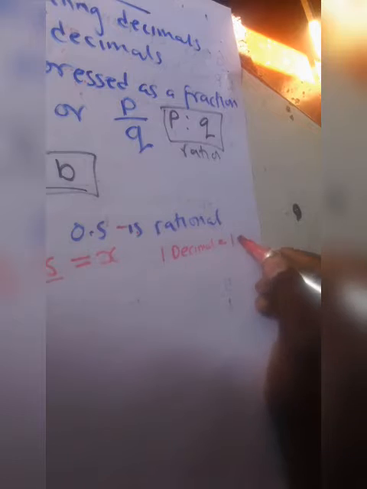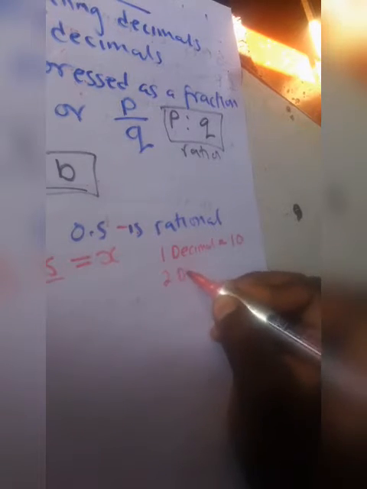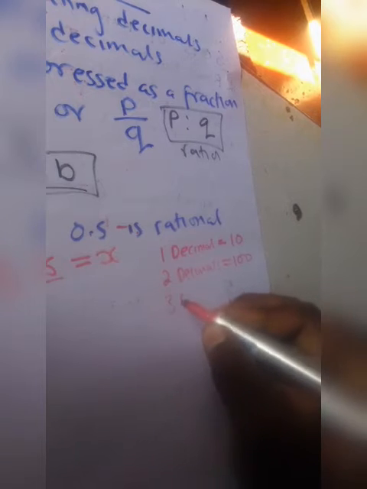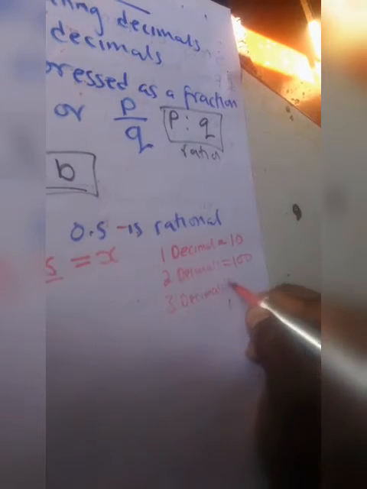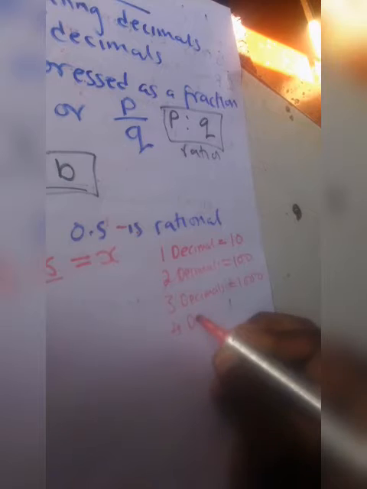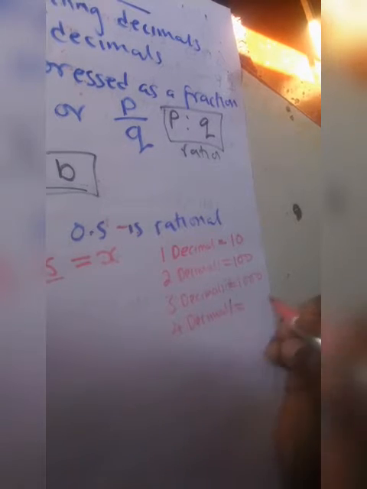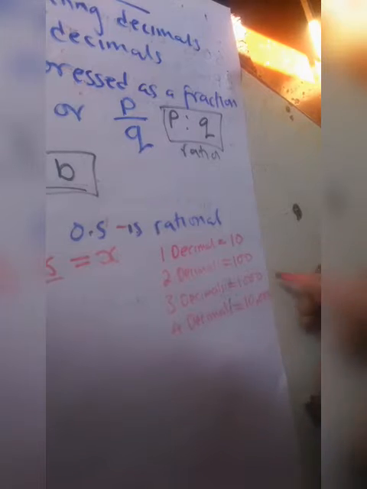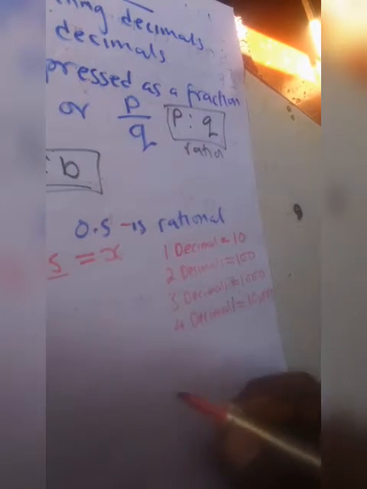If you have one decimal, multiply by a factor of 10; 2 decimals, a factor of 100; 3 decimals, a factor of 1000; 4 decimals, a factor of 10,000. So just going like that, you should just be adding zeros as the number of decimals increases.